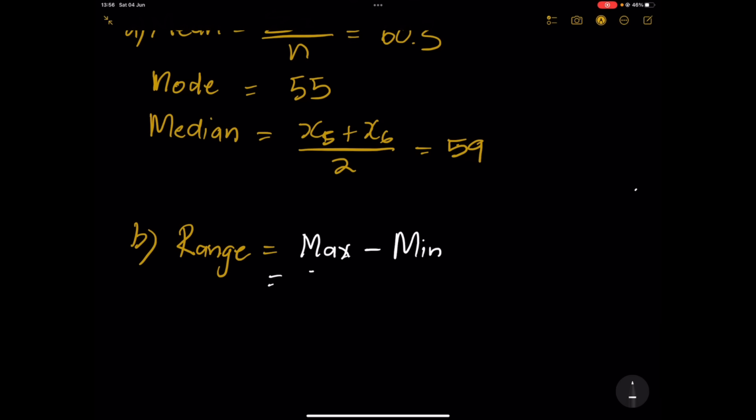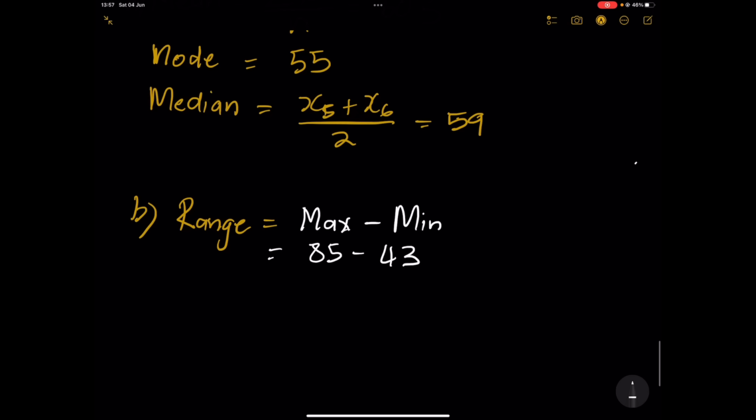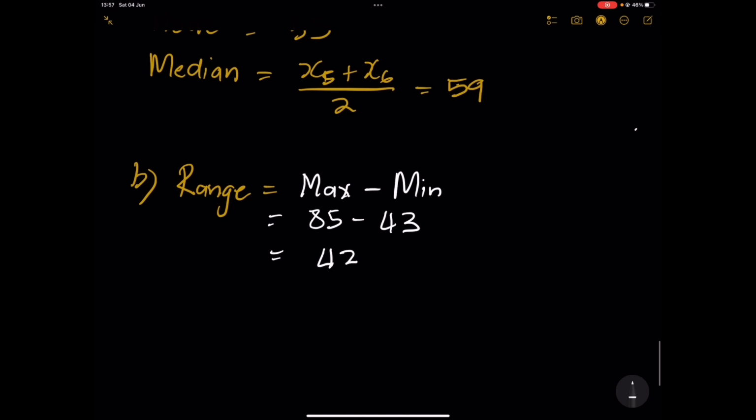The range is one of what we call the measures of dispersion, but we'll come to that when we talk about variance and standard deviation. So we take 85 and subtract 43, which gives us 42. So that's our range, right?